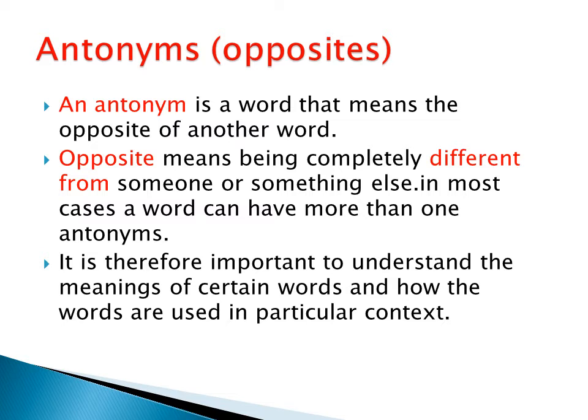It is therefore important to understand the meanings of certain words and how the words are used in a particular context. So it is very important as a pupil for you to understand the meaning of certain words and how those words have been used in a particular context, for you to get the exact opposite of a word.